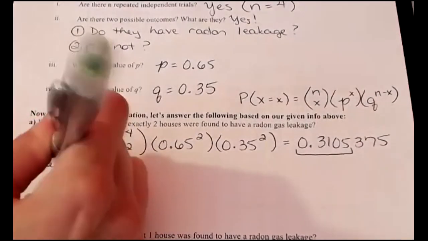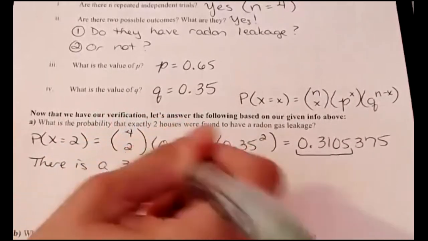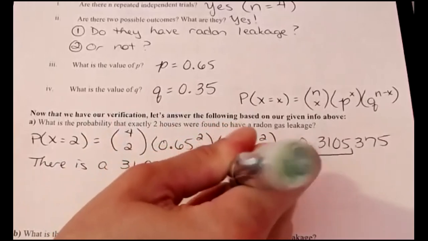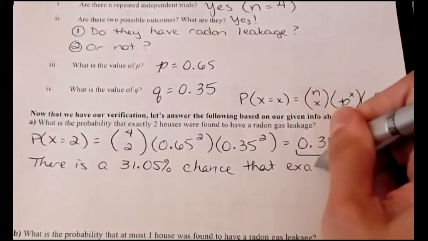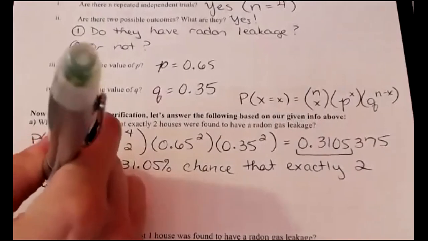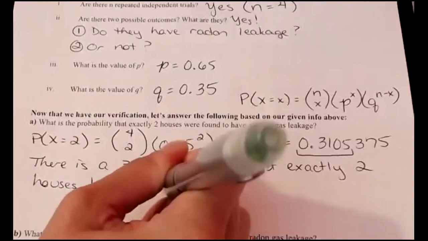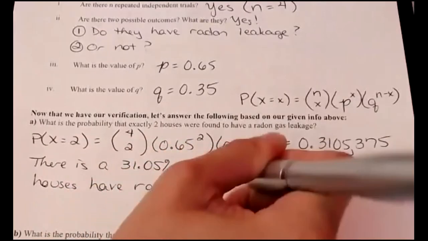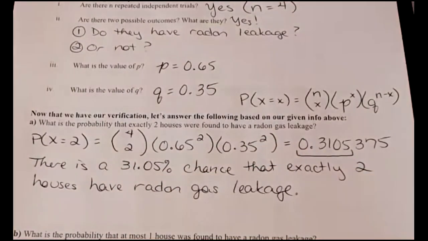So there is a 31.05% chance that exactly 2 houses have radon gas leakage. And that's how you find probability using the binomial probability distribution.